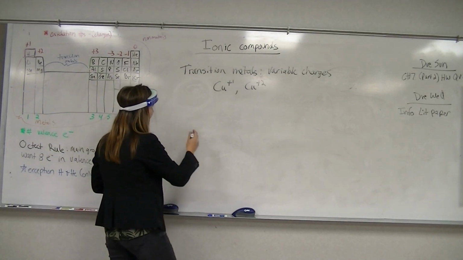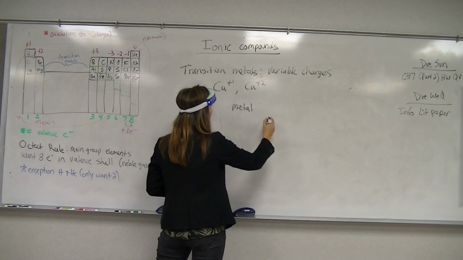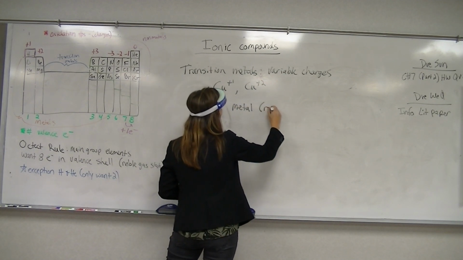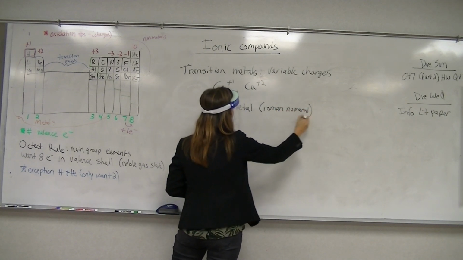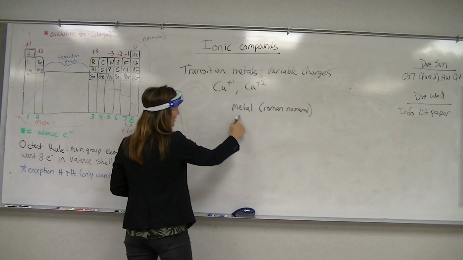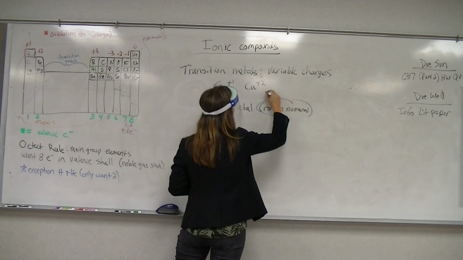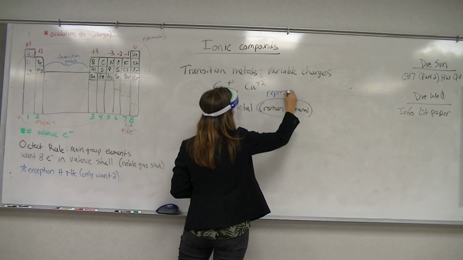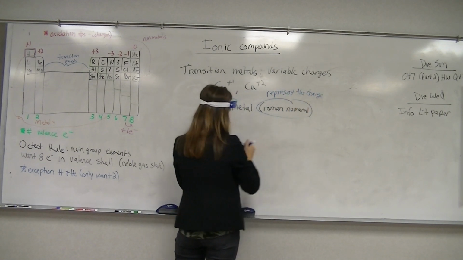So to name these guys, we're going to do the metal first, but the metal is going to have a Roman numeral after it. So that's the difference here. A Roman numeral after the metal name. And that Roman numeral is going to represent the charge, or the oxidation number.